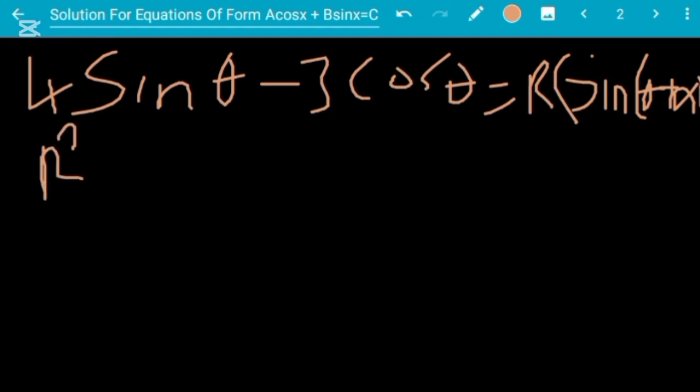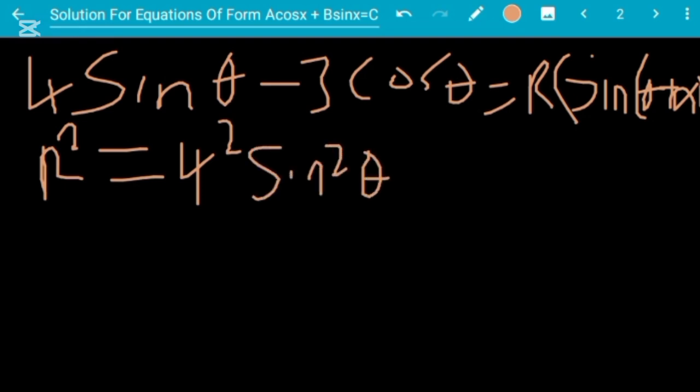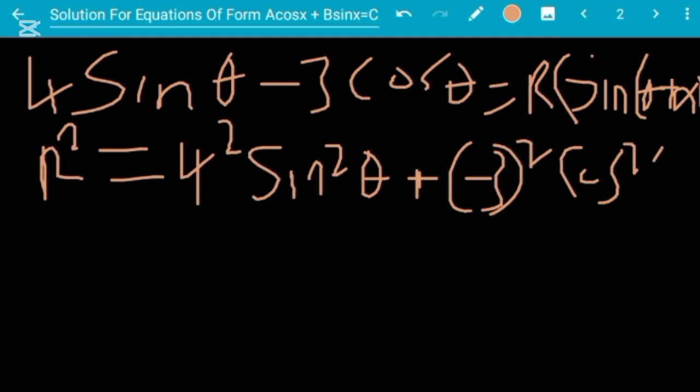Let's say R square is equal to 4 square sine square theta plus, because we have a 3 here, 3 square cos square theta.